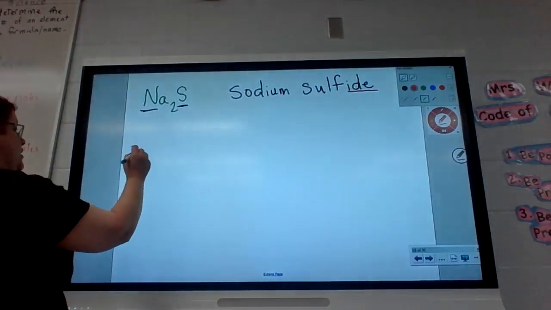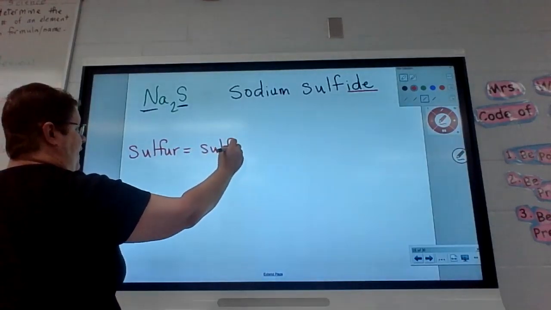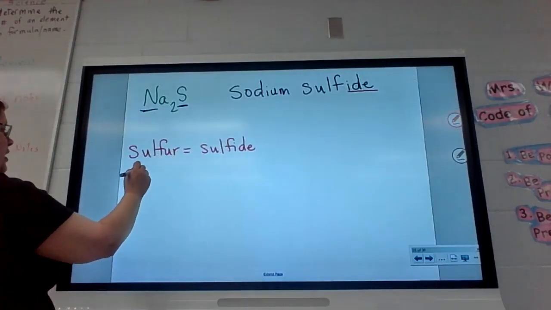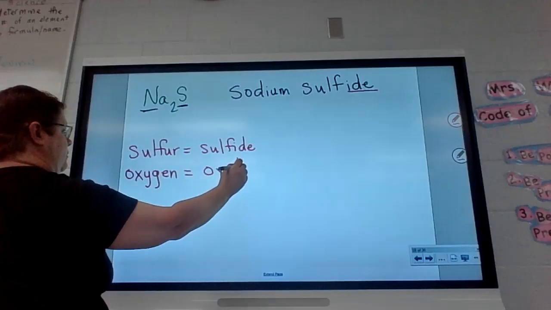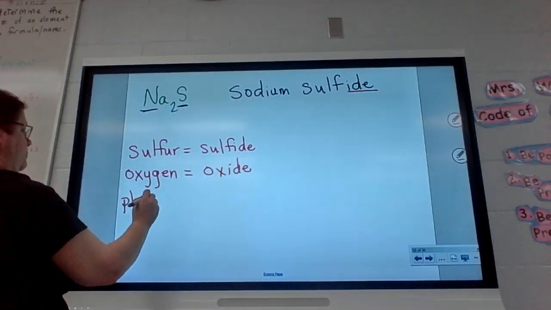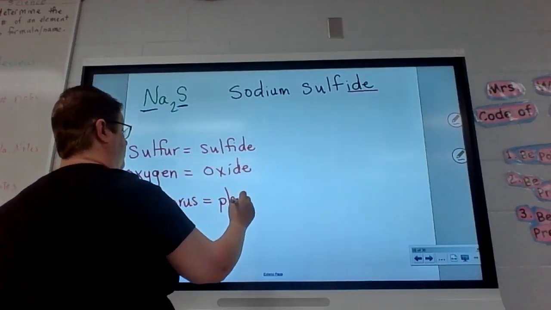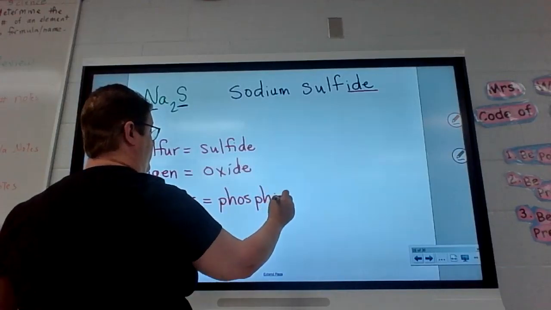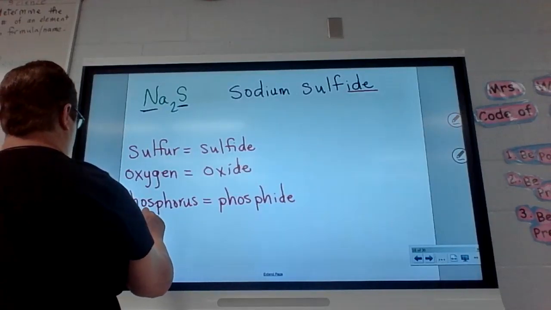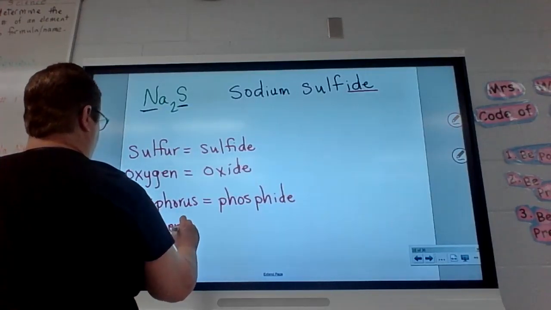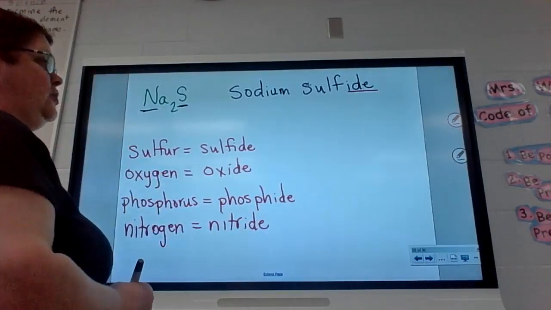So common ones that you're going to see is sulfur becomes sulfide, oxygen becomes oxide, phosphorus becomes phosphide, nitrogen becomes nitride.